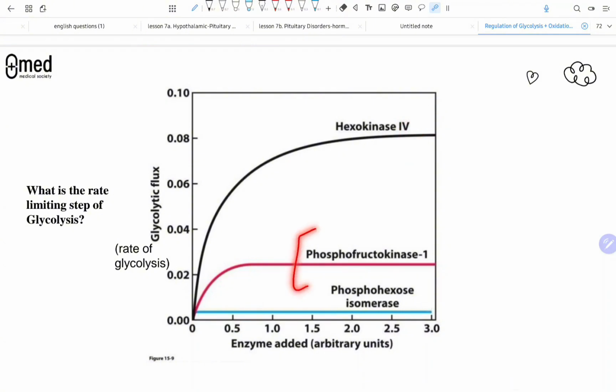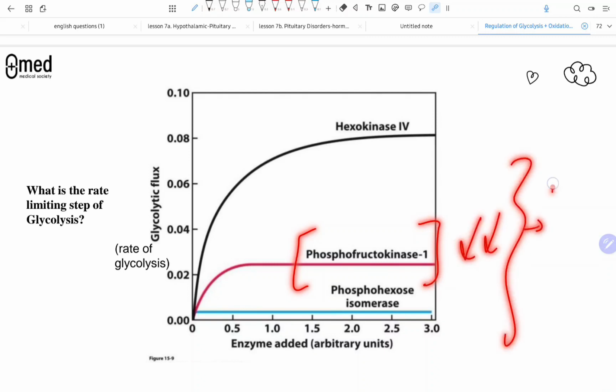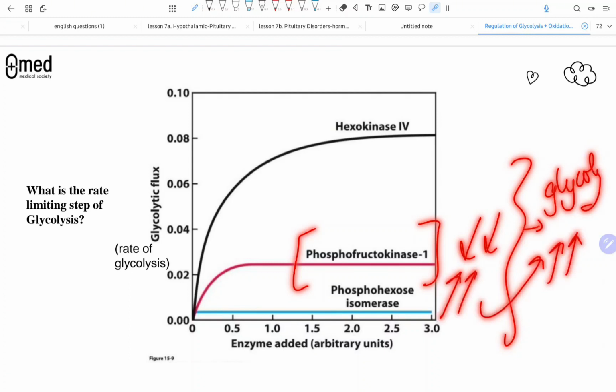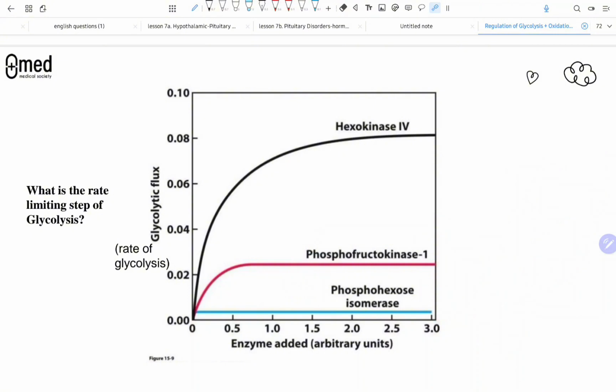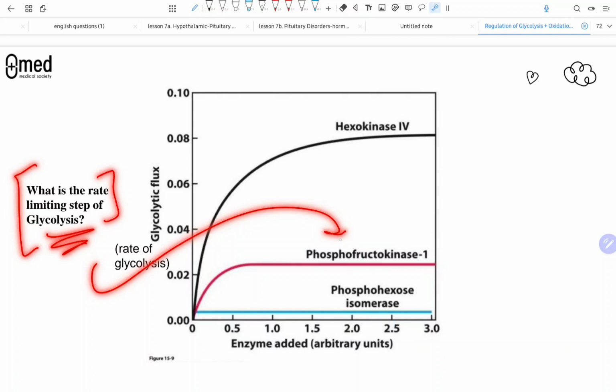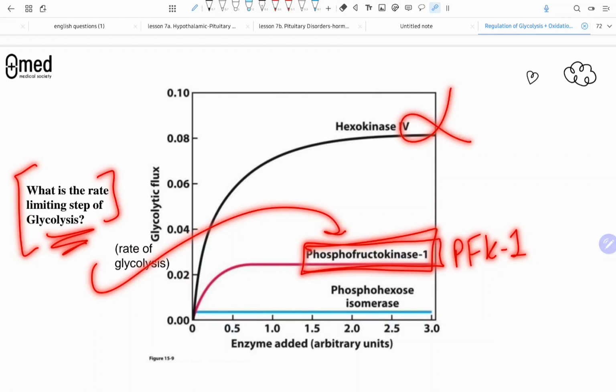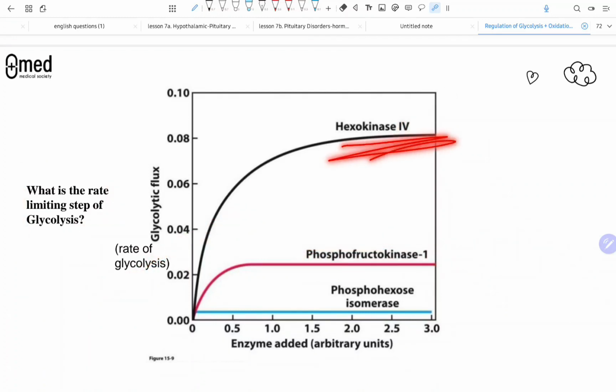So the slower this reaction, the slower the whole glycolytic reaction. The faster this one, the faster the whole reaction. So if she asks you in the exam, what is the rate limiting step of glycolysis, you're gonna say phosphofructokinase 1, PFK1, not hexokinase, because this one is fast. Okay? Moving on.